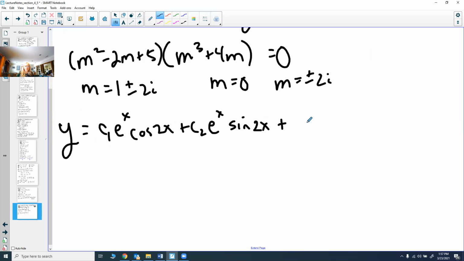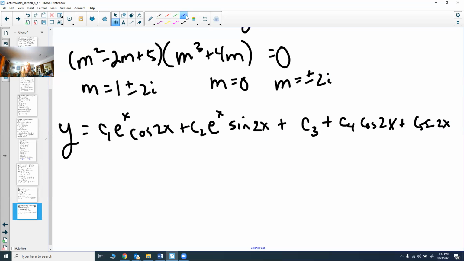My 0 gives me, call it c3 e to the 0, which is just 1. My plus or minus 2i gives me c4 cosine of 2x plus c5 sine of 2x.